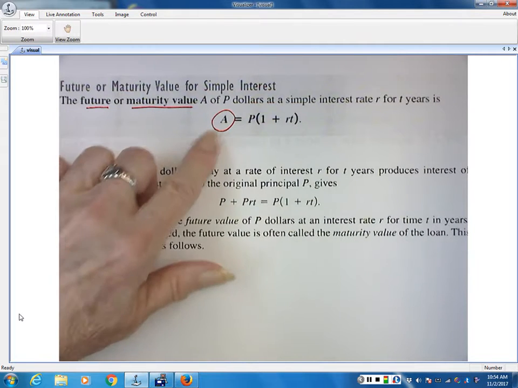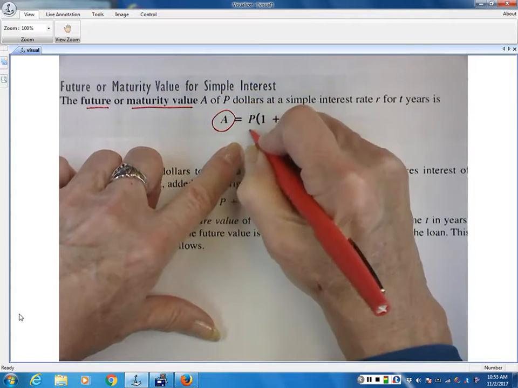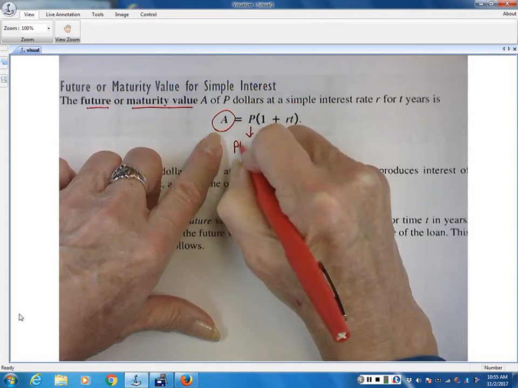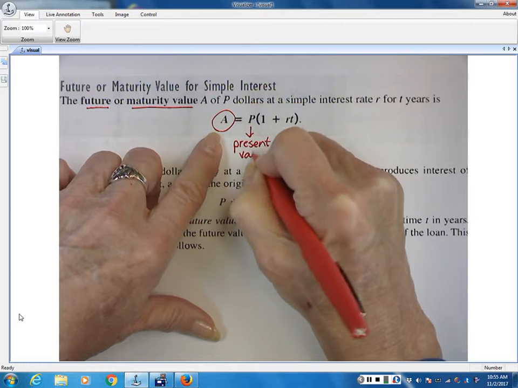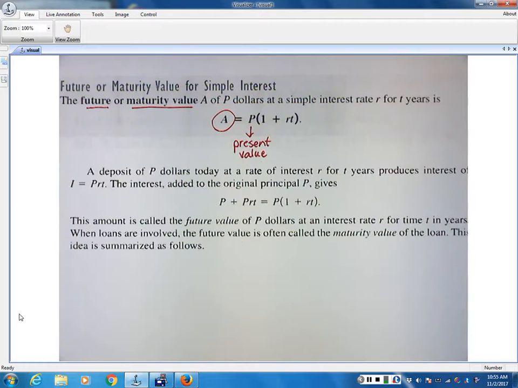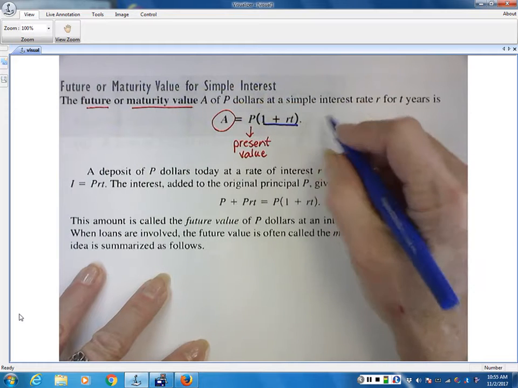But the future value, as we just saw in the last one, this is your principal, or the present value. And then this formula is simply the simple interest rate formula.